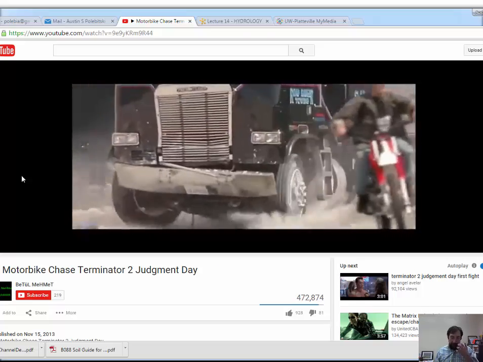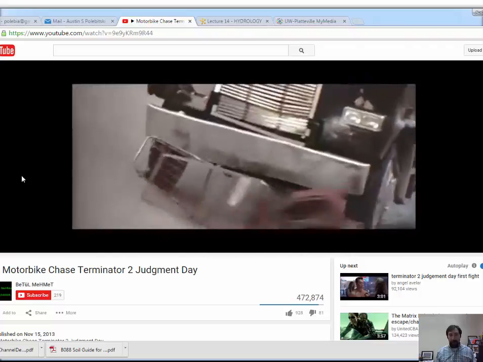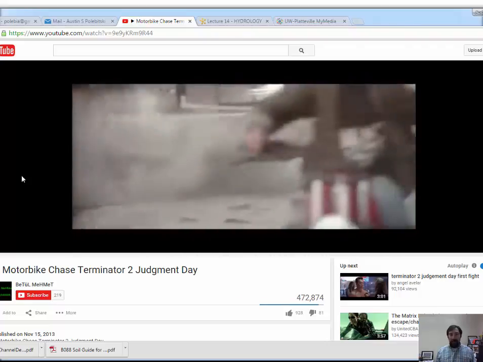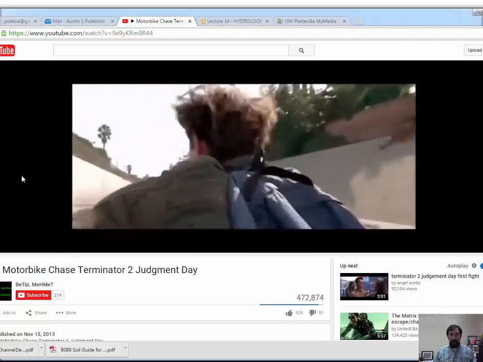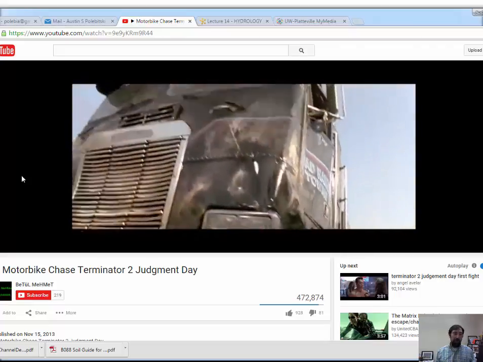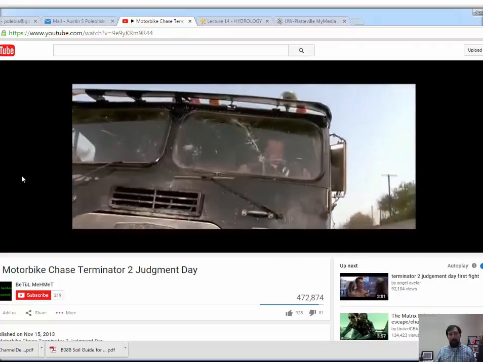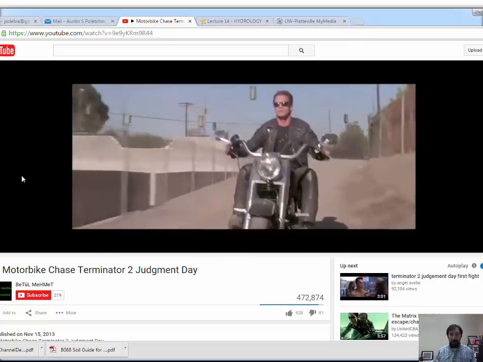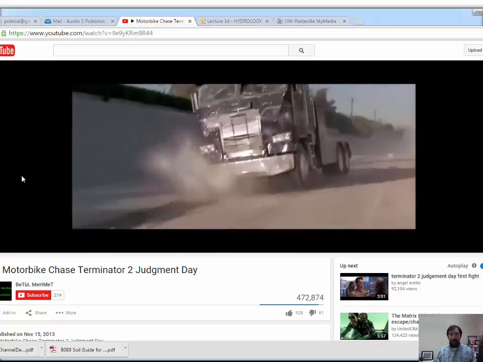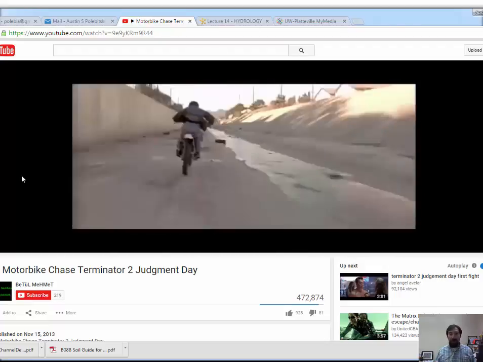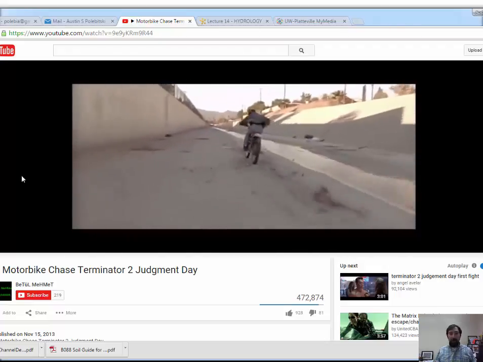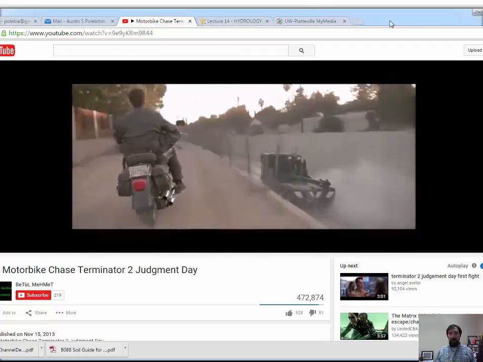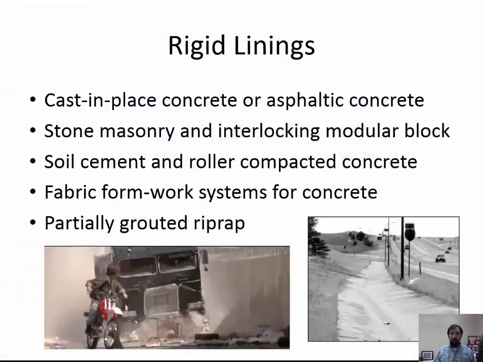Well, when we talk about rigid linings, which we're going to talk about in a second, obviously LA's storm system here, which at one point probably was a riverbed, has now been turned into what we would call a threshold channel that is supposed to be basically not movable during design storm events, including semi-chase scenes, right?